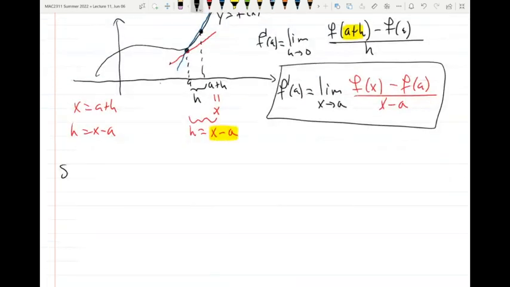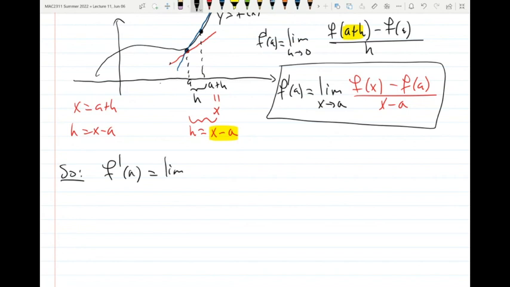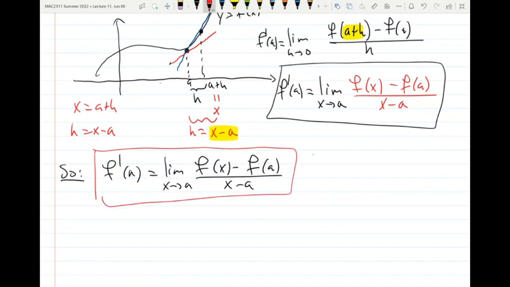Okay? So moral of the story, f prime of a can be calculated as the limit as x approaches a of f of x minus f of a over x minus a. We call this the alternative form of the derivative at x equal a.